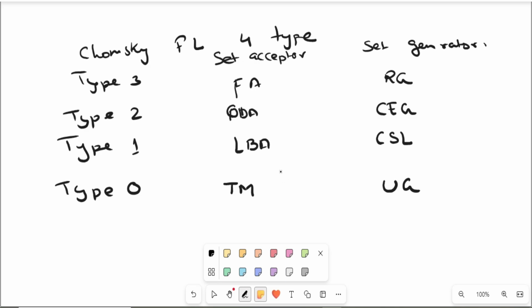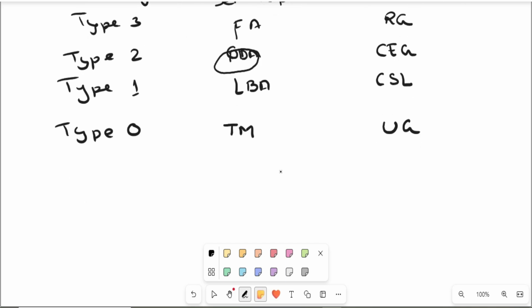So till now Nargis Gupta has already covered finite automata, regular language and context free grammar. So let us start with push down automata, meaning type 2 grammar as a set acceptor. Let us discuss the PDA. As the name suggests, PDA stands for push down automata.